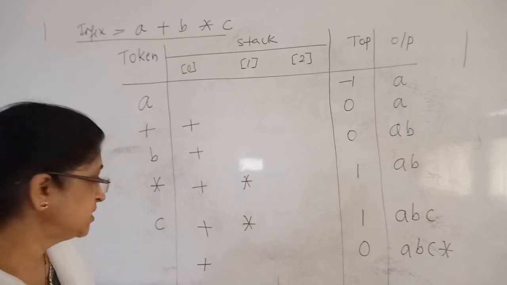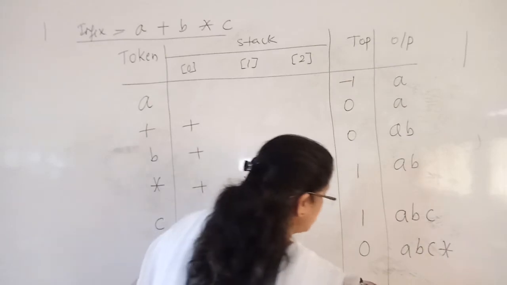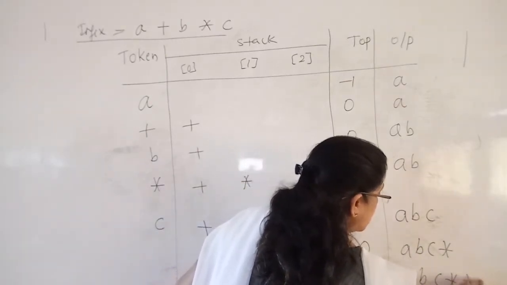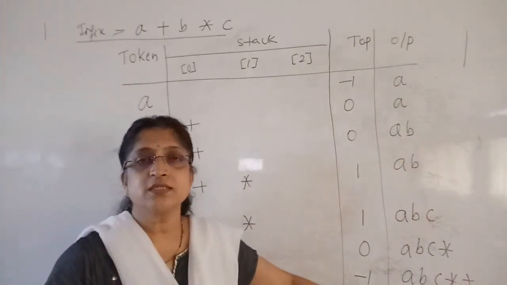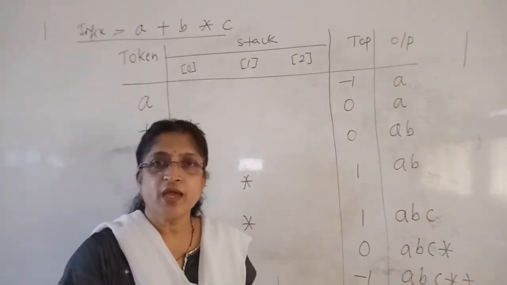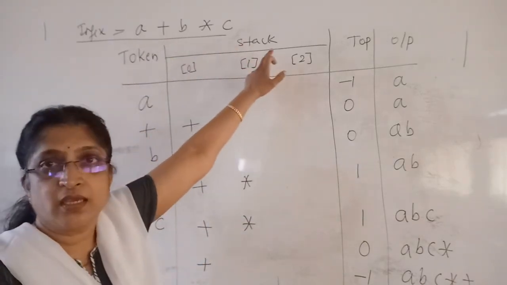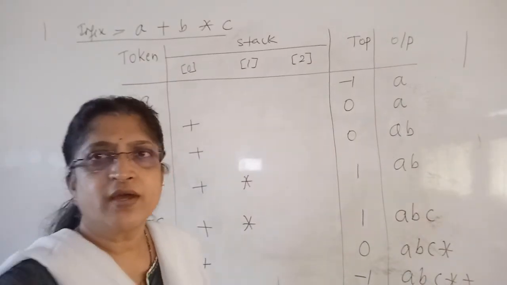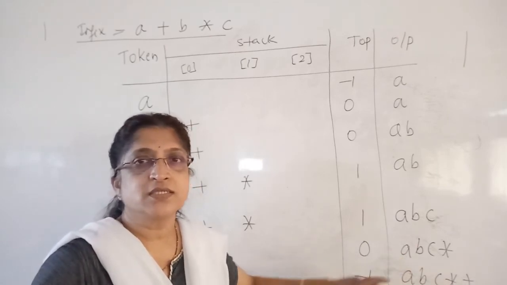In the next step, this is also popped from the stack, and the output is ABC star plus. So we have converted the infix expression A plus B star C successfully to the postfix form using a stack.